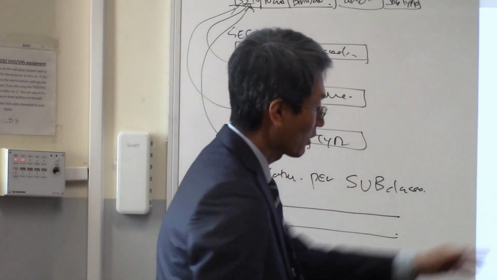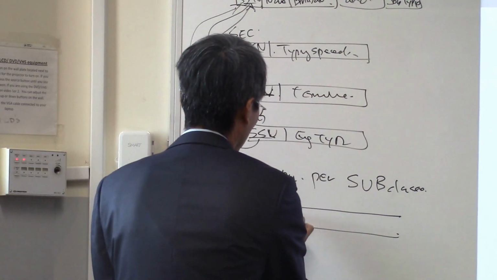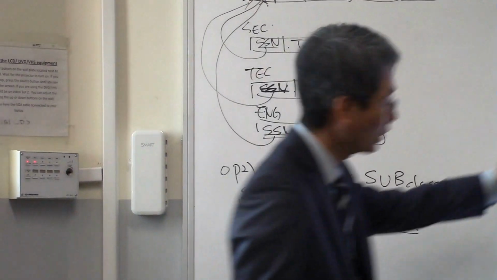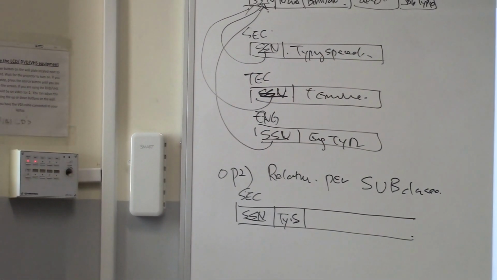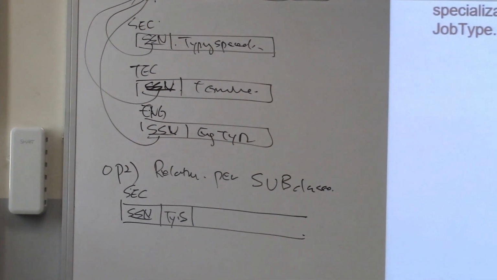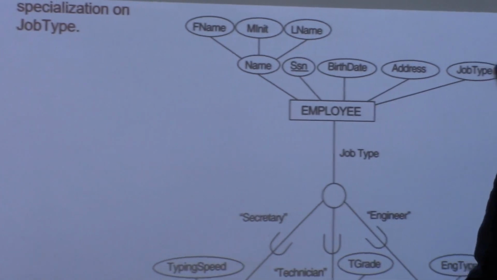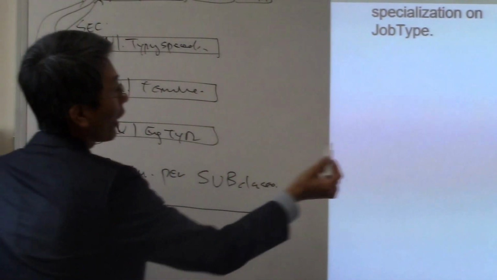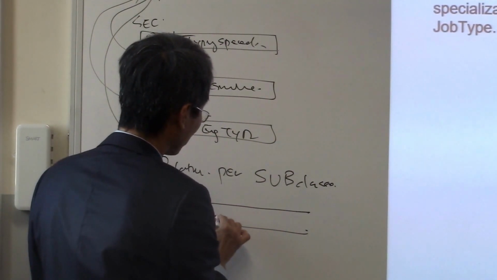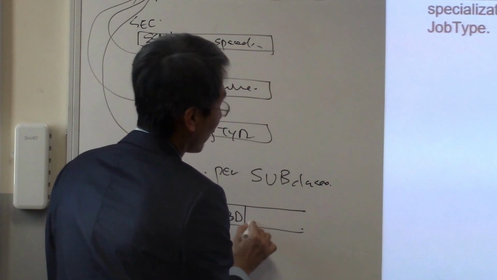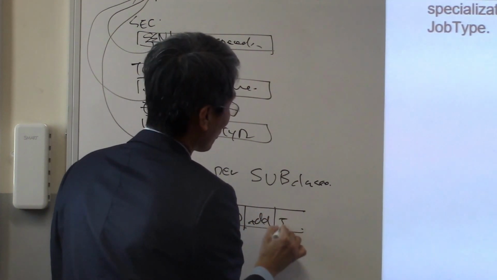Then secretary has a typing speed. That's it? Not yet, because we need to keep this employee information, because we are not going to create a table for employee. Instead, secretary, technician, engineer only. So we need to inherit name, the birthday, address, and job time.